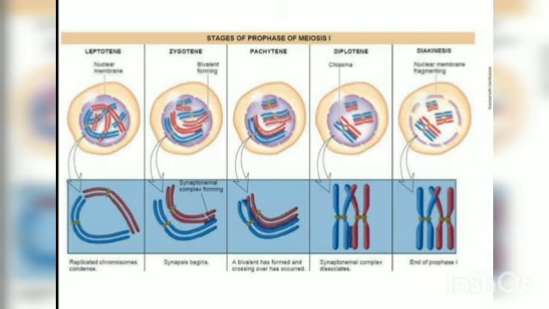Meiosis 1 is the reduction division, because during this process the separation of homologous chromosomes occurs. That means the diploid mother nucleus is reduced into haploid daughter nuclei, and that occurs in meiosis 1.